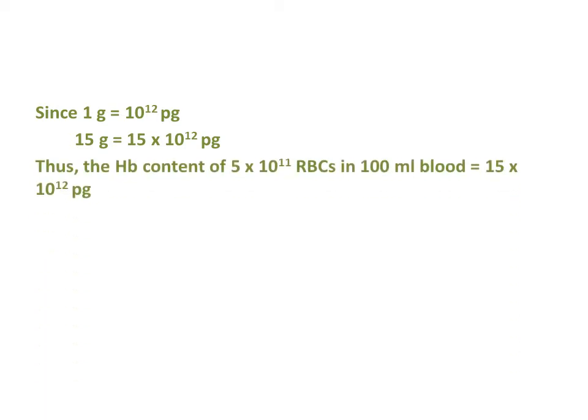Since 1 gram is equal to 10 to the power 12 picograms, 15 grams is equal to 15 into 10 to the power 12 picograms. Thus, the hemoglobin content of 5 into 10 to the power 11 RBCs in 100 ml of blood, which we have calculated in the previous slide, is equal to 15 into 10 to the power 12 picograms.